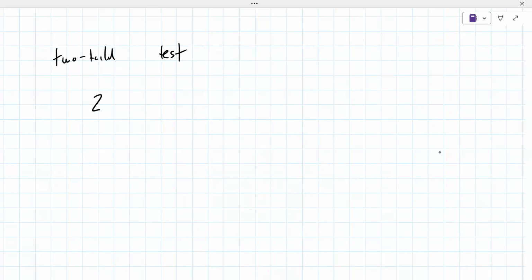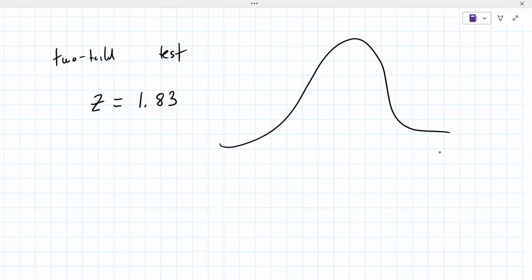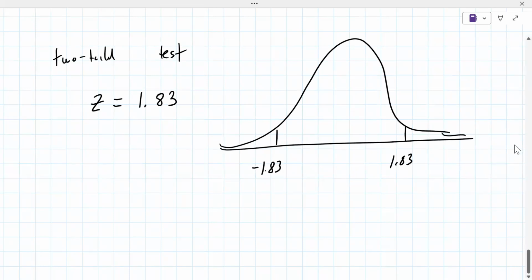And let's say you find that Z is 1.83. This time you go to 1.83, but you need the area in both tails. So it would actually be preferred to look at the area of minus 1.83 and then double it.